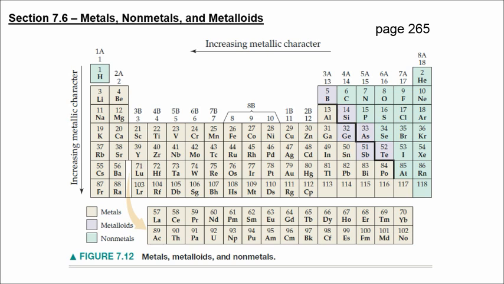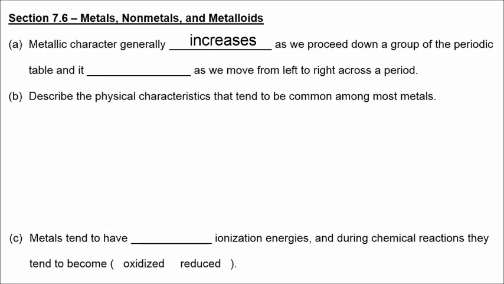So increasing metallic character is happening from right to left and from top to bottom. So metallic character increases as we proceed down a group, and it decreases as we move from left to right across a period. Metallic character relates to the atomic radius and the ionization energy.